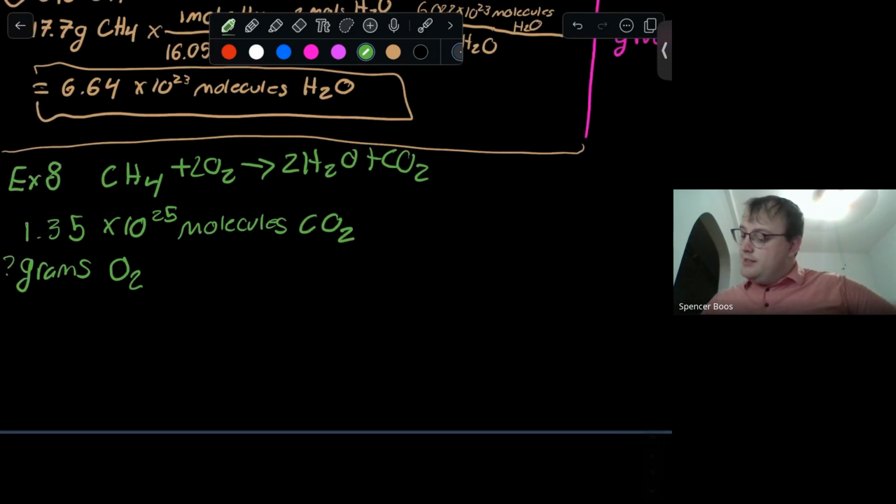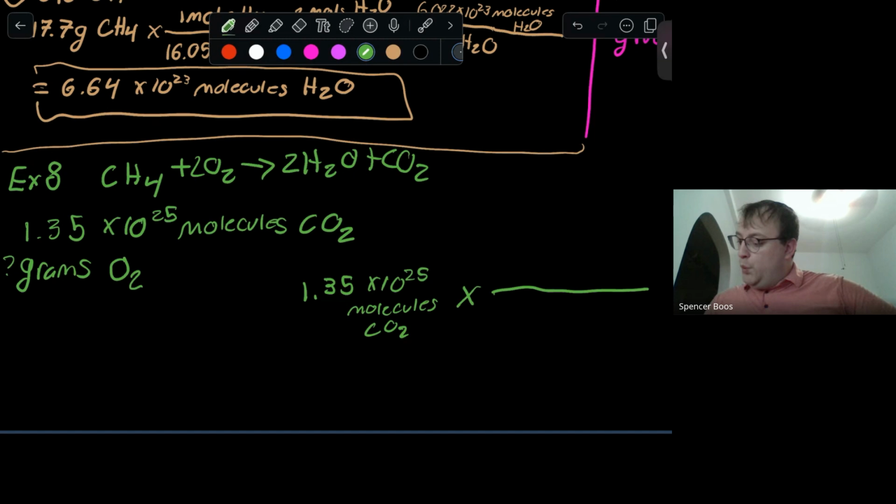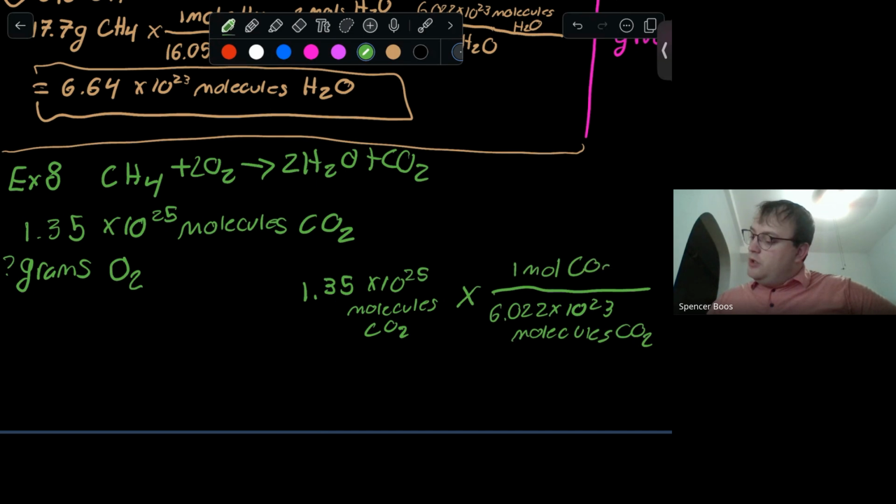I've got 1.35 times 10 to the 25 molecules CO2 times, we know that in every 6.022 times 10 to the 23rd molecules of CO2, I get 1 mole of CO2.